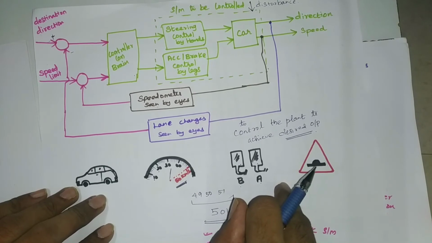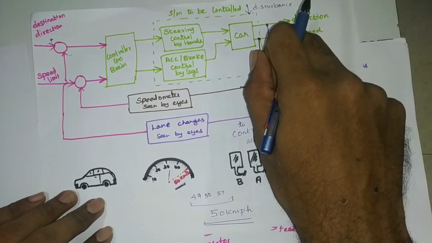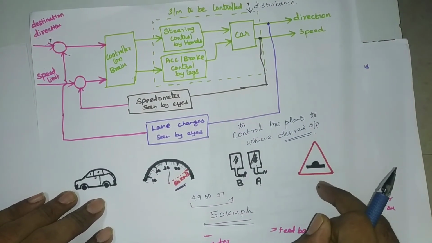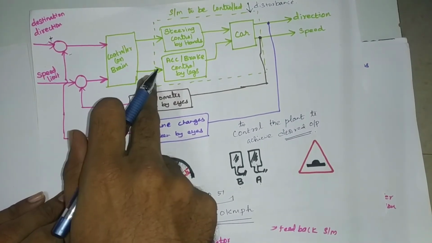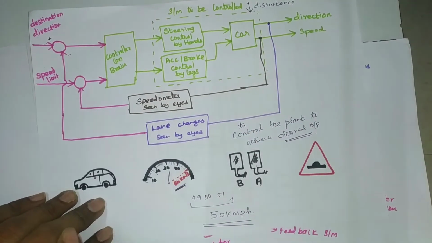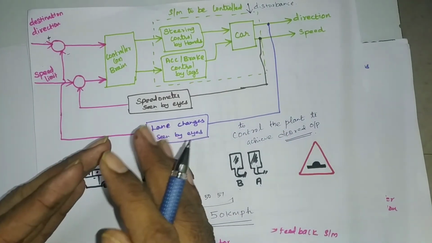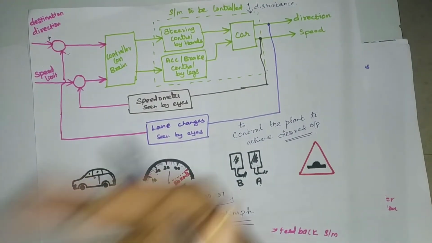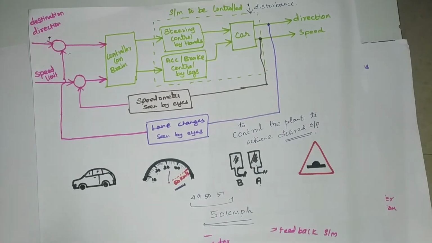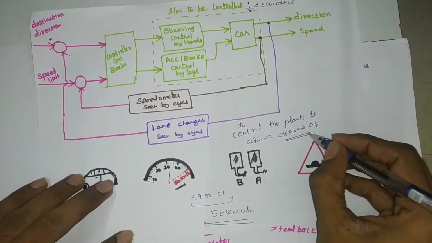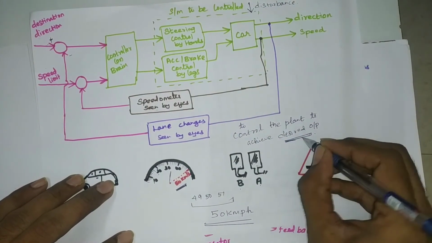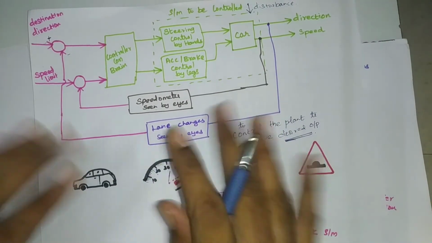During abnormal condition also, I mean during disturbance condition, during the speed breaker also, the brain has to work. It has to send the control signals. So during the normal condition as well as the abnormal conditions, I mean during the disturbance situations also, the system should reach the desired output. This is our objective.